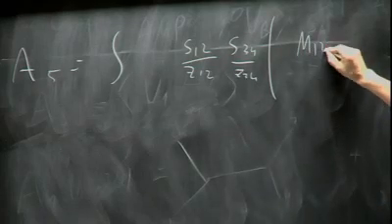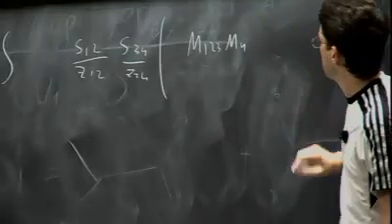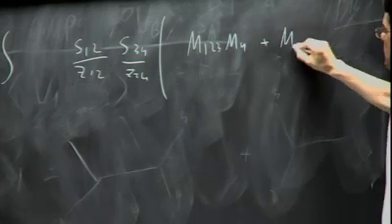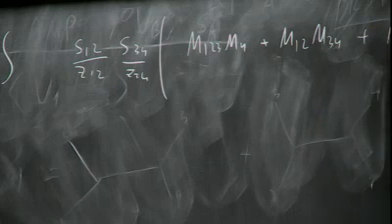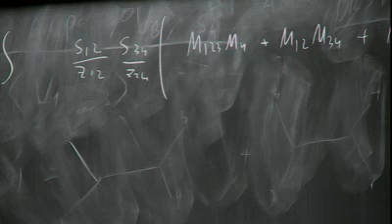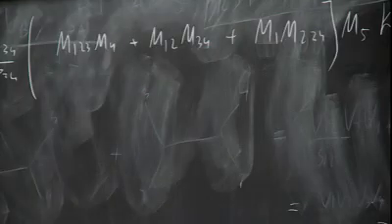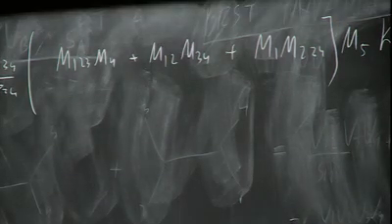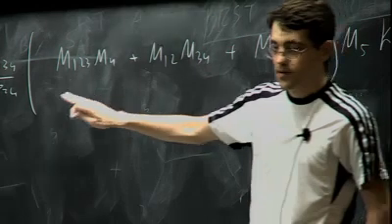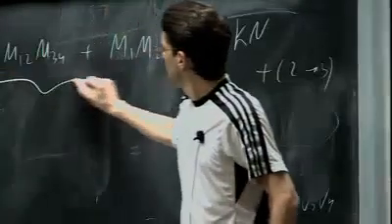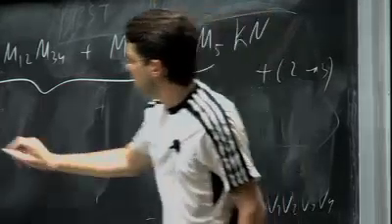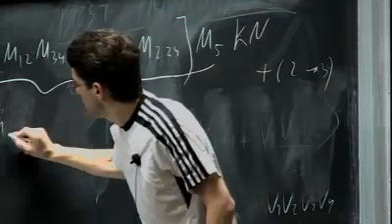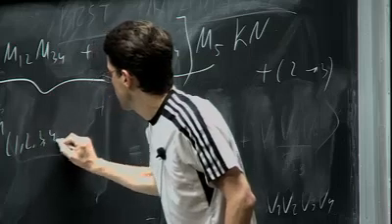We will get M123 M4 plus M12 M34 plus M1 M234 M5, and then Koba-Nielsen, and then permutation 2, 3. But now you should remember, I think it's there, right? That is the 5-point Yang-Mills amplitude in this color ordering.